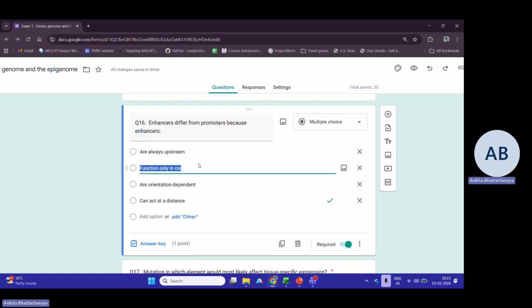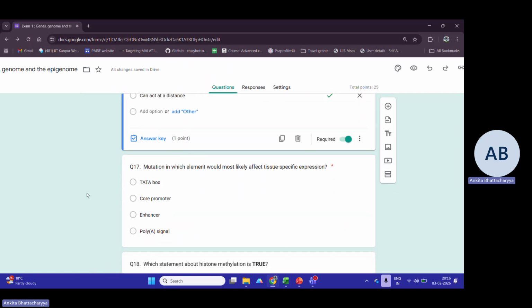However, enhancers can be located way far upstream or way far downstream. They can involve 3D chromatin structural rearrangements, etc., all of which eventually help enhance the expression of genes. So enhancers are very different from promoters.